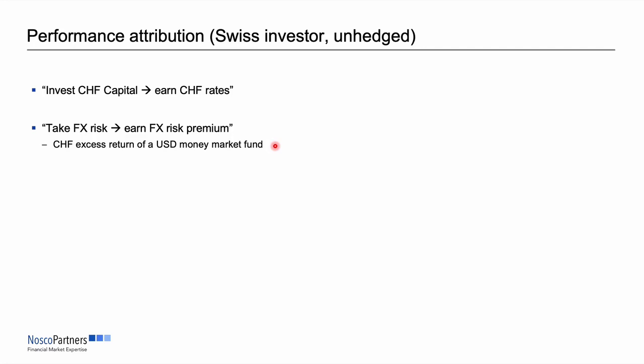So we could calculate the excess return that a Swiss investor gets for investing in a US dollar money market fund. Excess return, I mean in excess of Swiss francs interest rates. Now, this is how much he earns, positive or negative, because he takes FX risk.